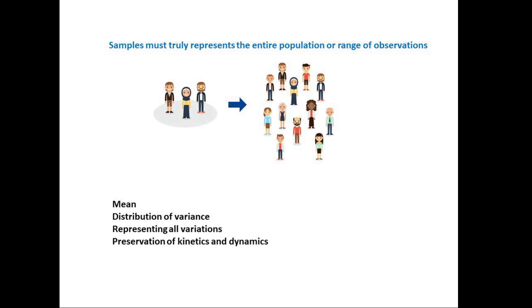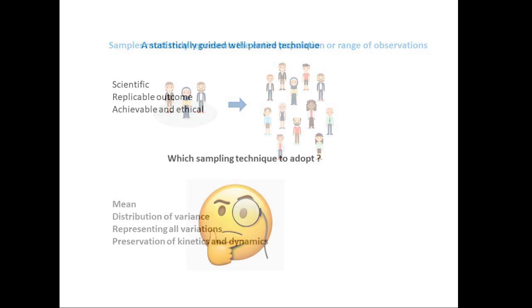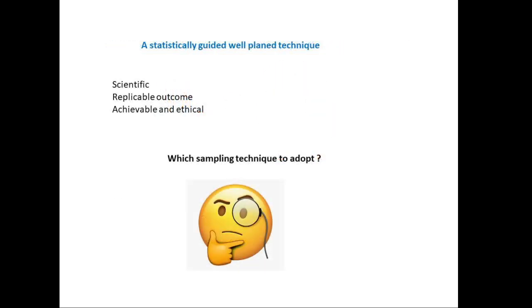Obviously, it depends on which type of study you are doing and what your observation is. If your observation is smoking and health outcome, you should follow what types of smokers are present in Delhi: passive smokers, active smokers, the frequency of smoking, the type of smoking, etc. A statistically guided, well-planned technique should be followed for sampling.